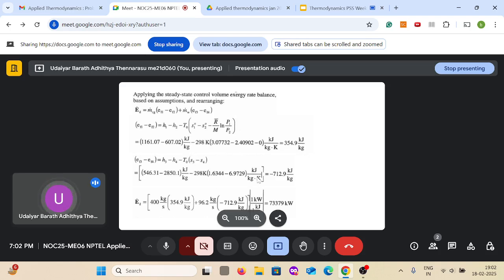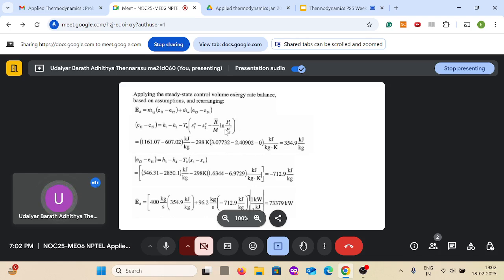Then we can find out the exergy destruction. So exergy destruction is similar to what we did in the heat exchanger problem. So it's just the exergy difference of the inlet and outlet streams. So exergy change of the combustion gas plus exergy change in the water. So exergy change in the combustion gases is H1 minus H2 minus T naught times (S1 minus S2).